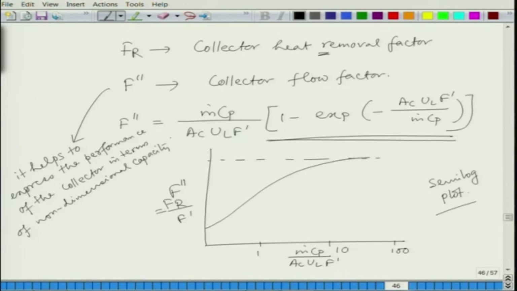So, when you have a non-dimensional capacity, you can compare across different sizes of the collector. So, which helps in comparing across different sizes of a collector, right.